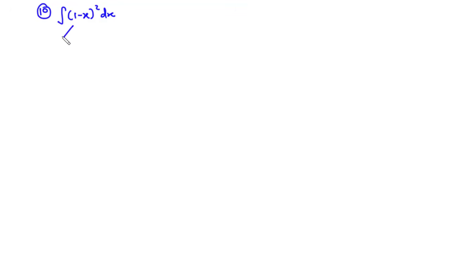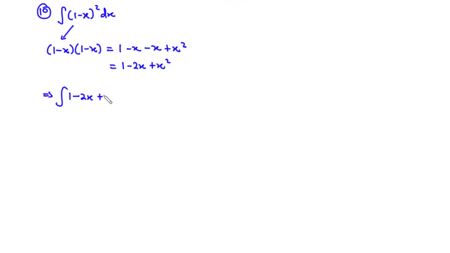Expanding this, we have 1 minus x times 1 minus x. 1 times 1 is 1, negative x times 1 is negative x, 1 times negative x is negative x, and then negative x times negative x is plus x squared. So that becomes 1 minus 2x plus x squared. So we have the integral of the function 1 minus 2x plus x squared dx.